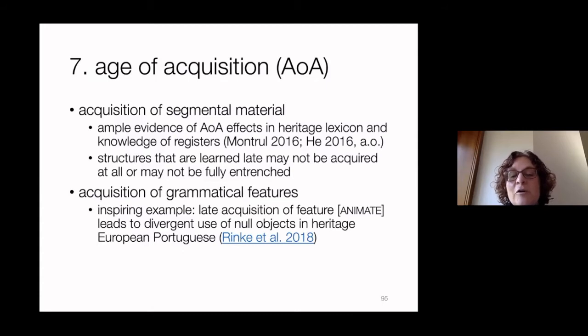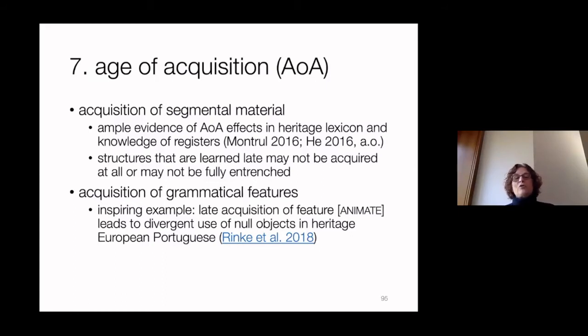And there's an interesting example which I brought up in passing when I talked about European heritage Portuguese. In the heritage variety, the grammatical feature animate, and I want to emphasize it's the grammatical feature animate, not animacy as a conceptual feature, is acquired fairly late.